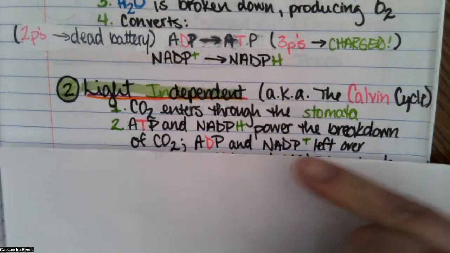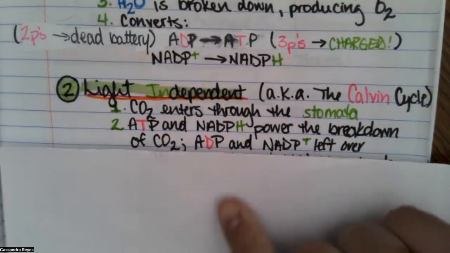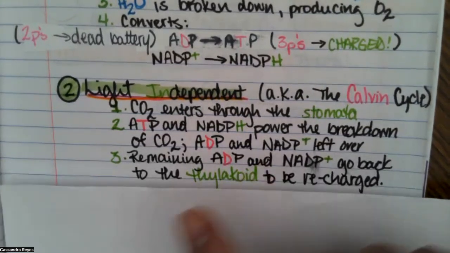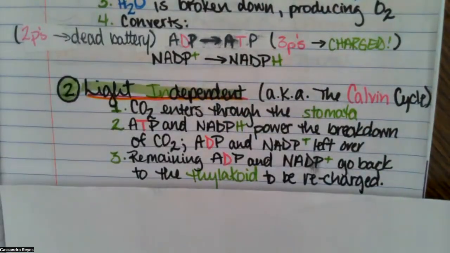So these two things are left behind, and they are going to return back to our first step process so that we can be recharged in the thylakoid. So guess what? It's a cycle. It just goes on and on until it's over, and period. Okay. So if you need to, this would be a good time to stop the video and copy.